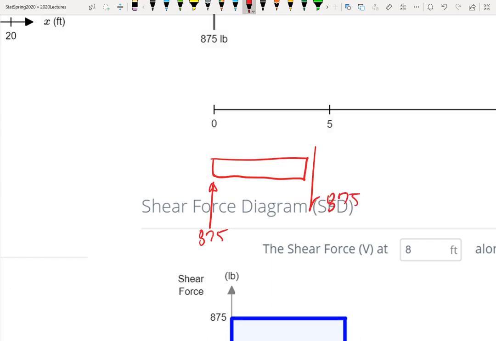However, if I just had that, so I put an object in space and put a force like this, it would start spinning. Even though some of the forces in the Y were the same, some of the moments can't be. So I have to put a moment out here. And what is that moment? In this particular case, since I've been talking about 4, it's going to be 4 times 875.